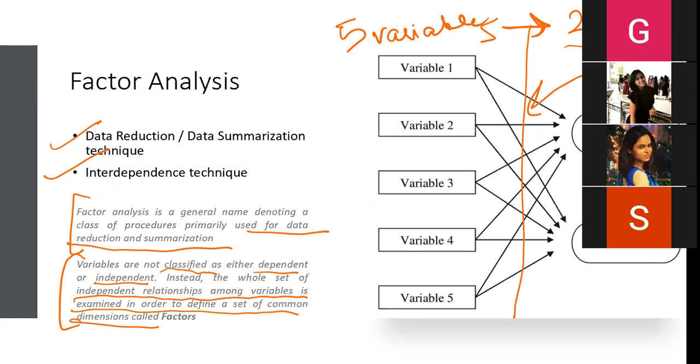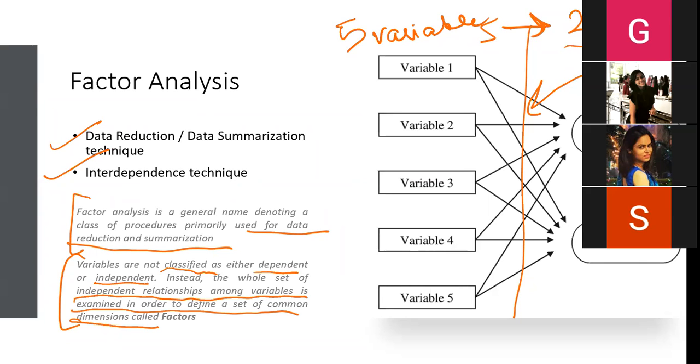So we are grouping homogeneous things together, and we can focus on 2 factors according to their properties. Yes, we are grouping homogeneous or correlated variables together so that the researcher is able to do the analysis more easily.